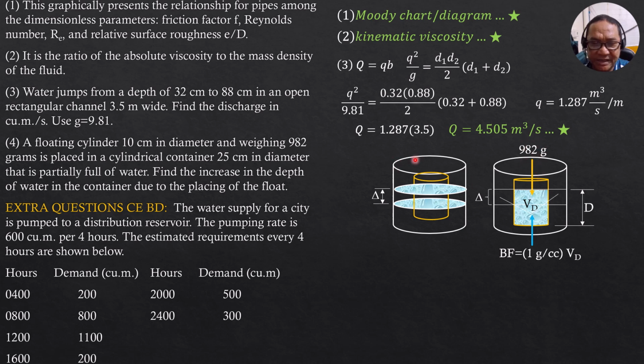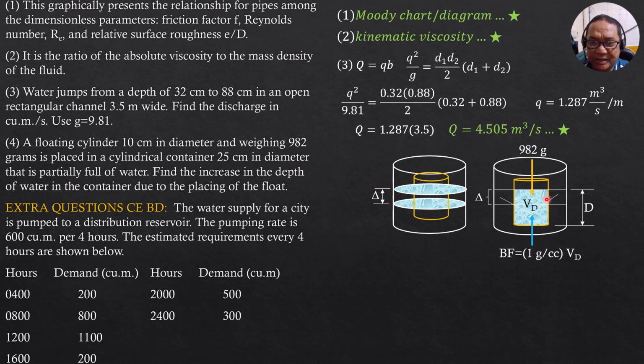So this is the 12.5 centimeter radius, and this floating cylinder here is 5 centimeters in radius. This was the original water level. Then when the floating cylinder is placed inside, the water level rises to that level, and we denote the increase in the water level as delta.